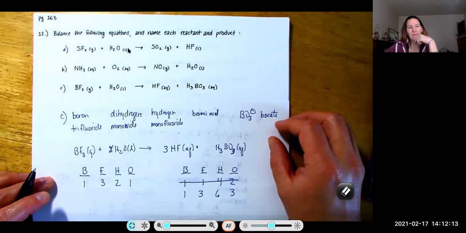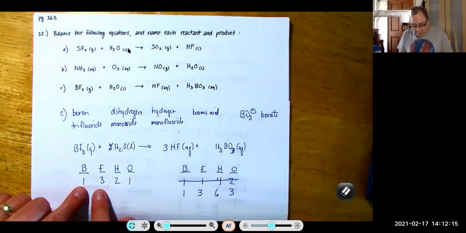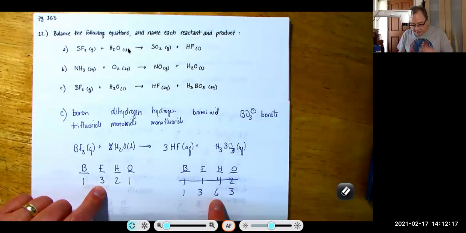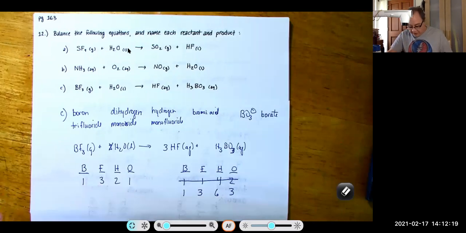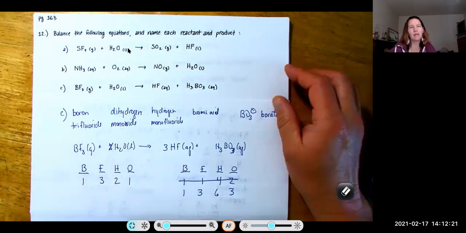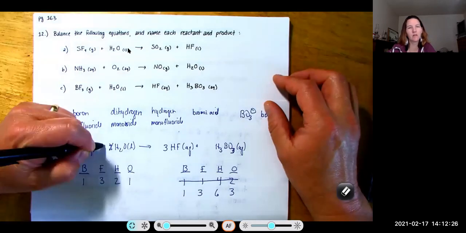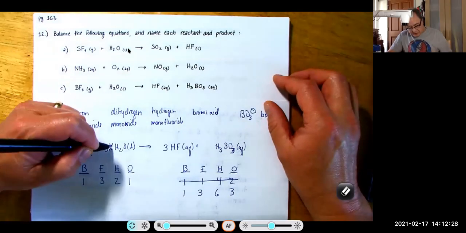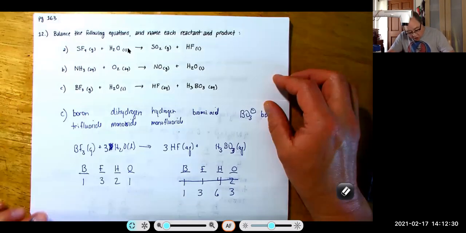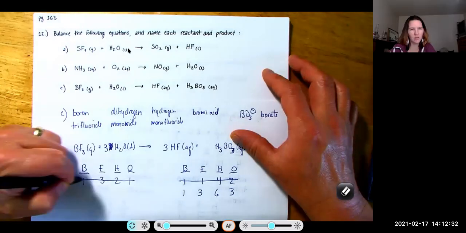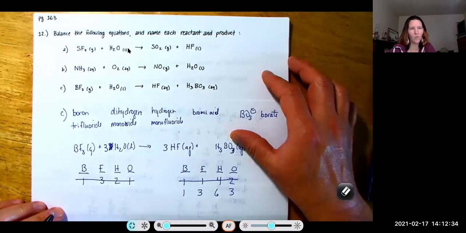Okay, great. Borons are on board, fluorines are on board, hydrogens are not. So what do you want to do? Multiply the hydrogens on the left by 3. So cross these all out. How many borons? 1.